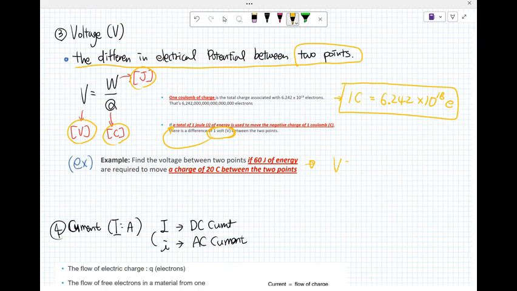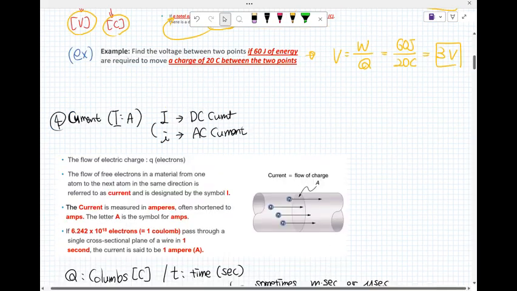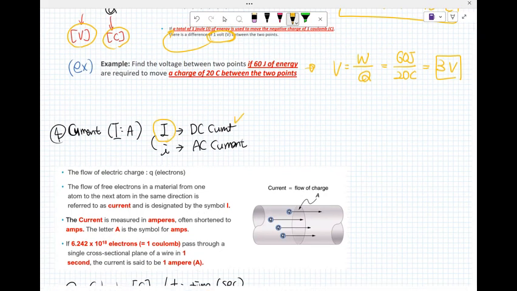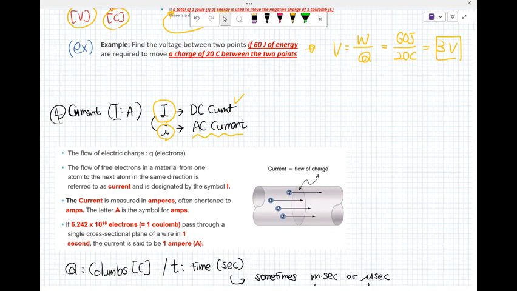It's very easy, okay? Energy divided by charge. That is 60 joules divided by 20 coulombs. That is 3 volts, okay? Don't forget the unit. All right, the current, usually the current is I for DC current, small i for AC current, okay?